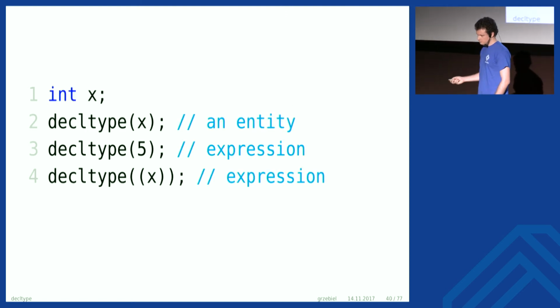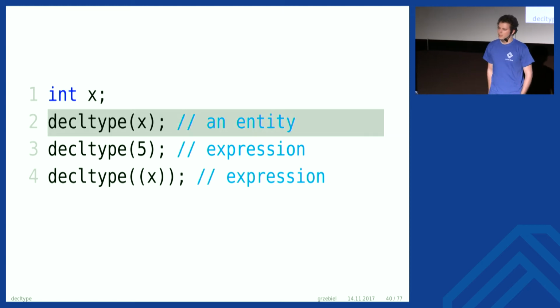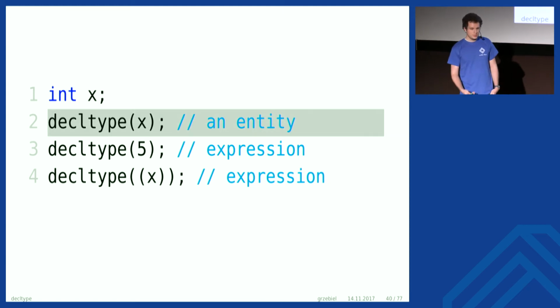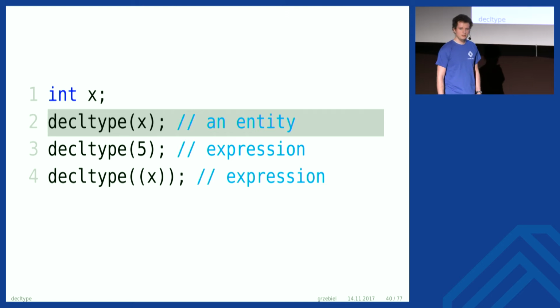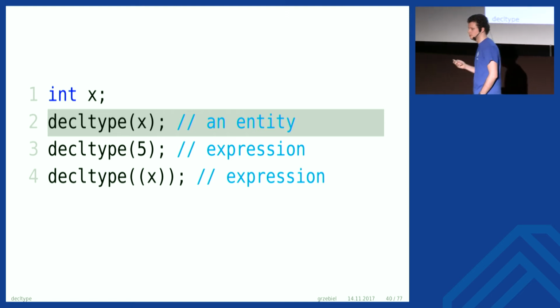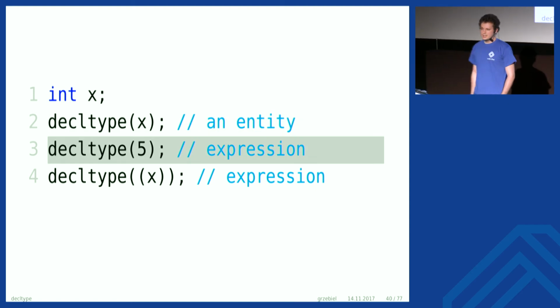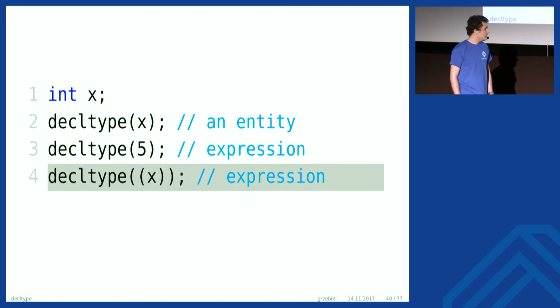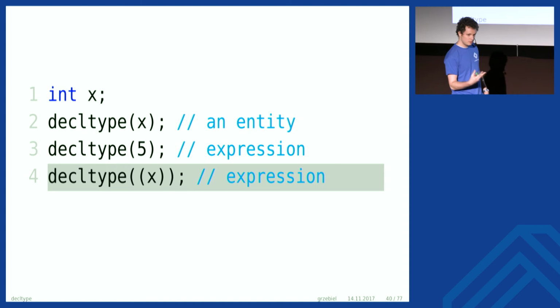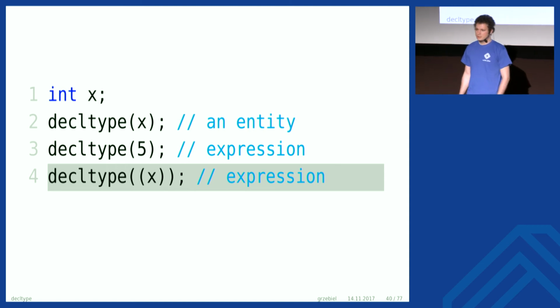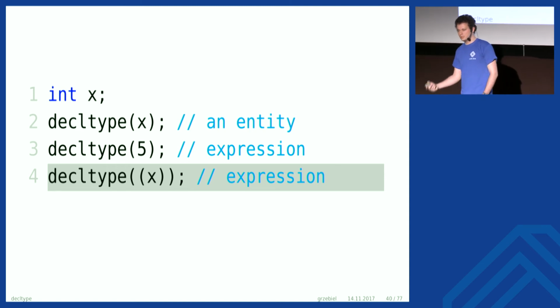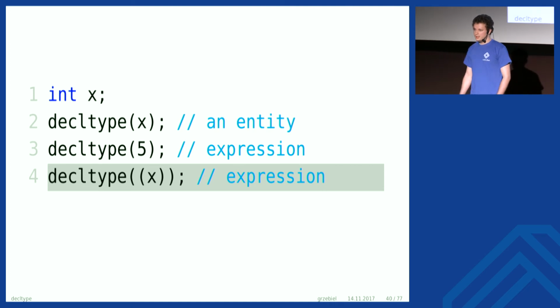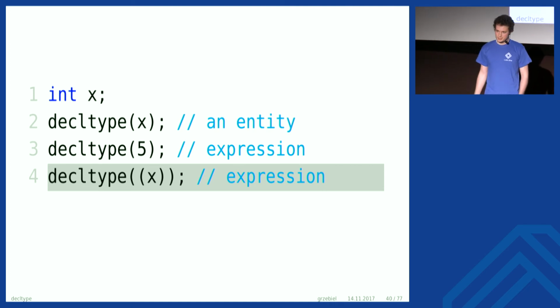So when we look at the code, in the first example, we are just getting the type of an entity, which will be int, as this is a variable of type int. In the second case, we are just taking the type of an expression. This is pretty straightforward. By adding an additional pair of parentheses, we are telling the compiler that we don't want to get the type of an entity, we want to get the type of an expression.